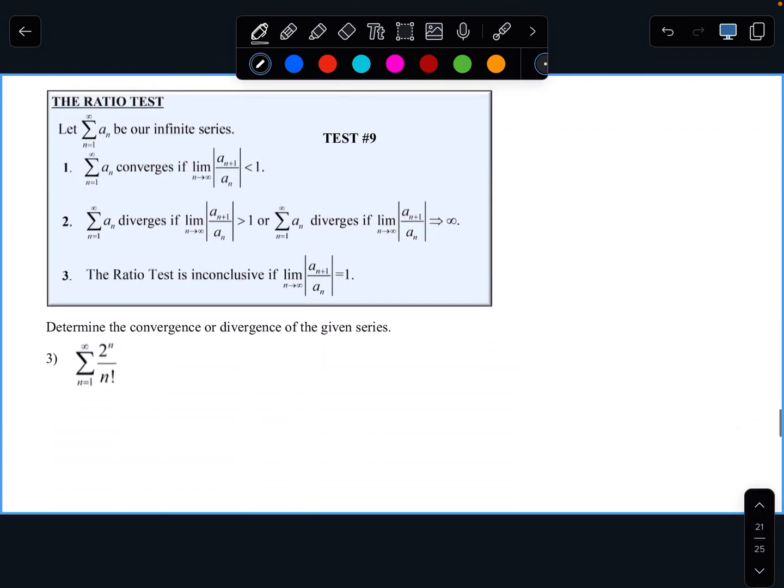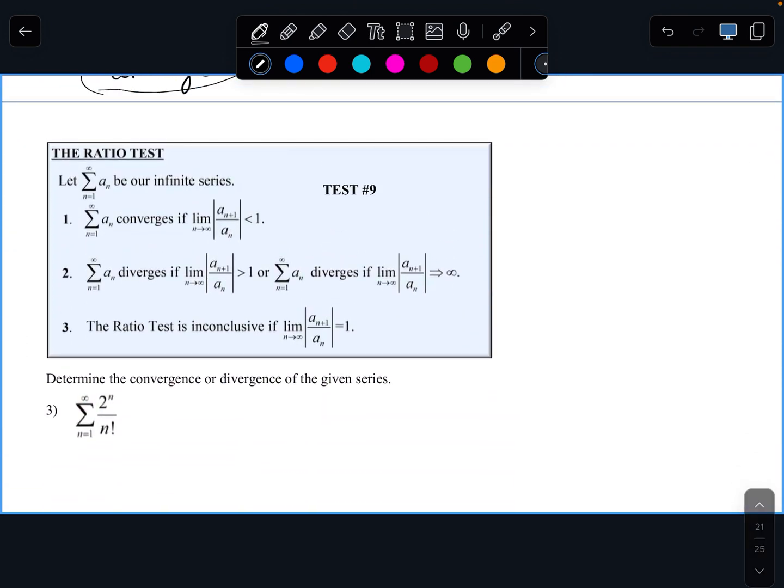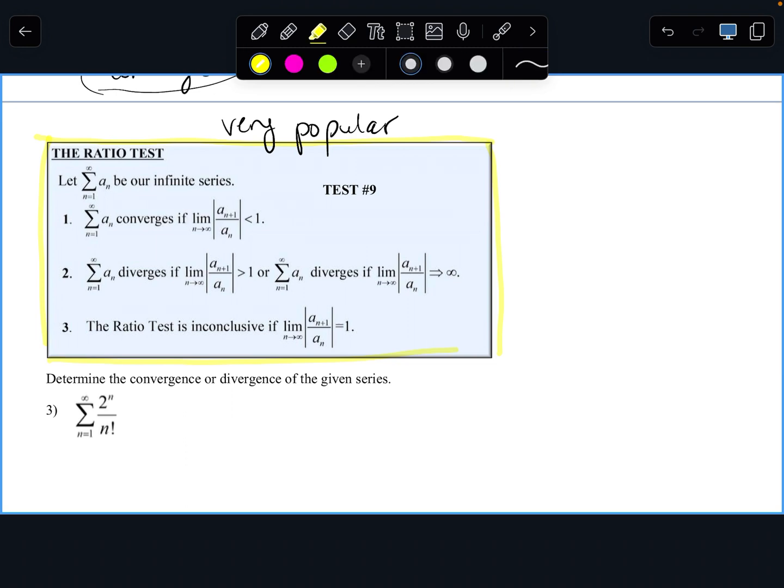All right? Okay. Ratio tests. This we're going to be obsessed with even in Unit 10. This guy's real algebra-y, but it's very, very popular. So, test number 9.